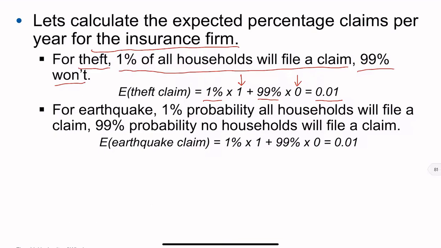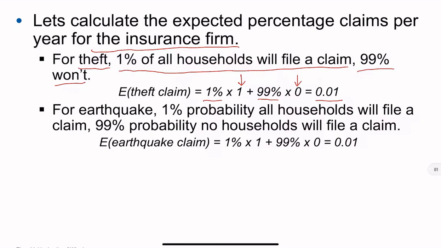Now think about earthquake, right? If there is an earthquake in Winnipeg, basically you can imagine that all households, all houses will be affected by this earthquake. That is, if your house gets destroyed by the earthquake, then very likely my house will be destroyed by the earthquake too, right?